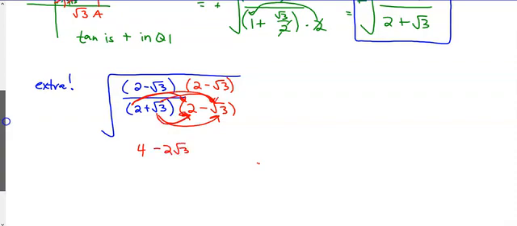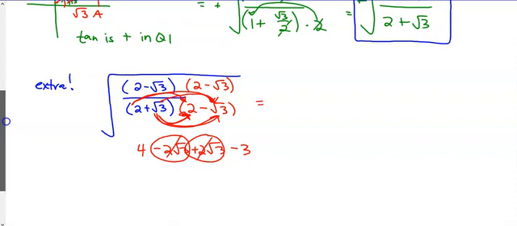Then inside, plus 2 root 3. And then last would be square root of 3 times negative square root of 3, which would be negative 3. Okay, if we did that, you would have negative 2 root 3 plus 2 root 3 is 0. Those go away. 4 minus 3 is just 1.